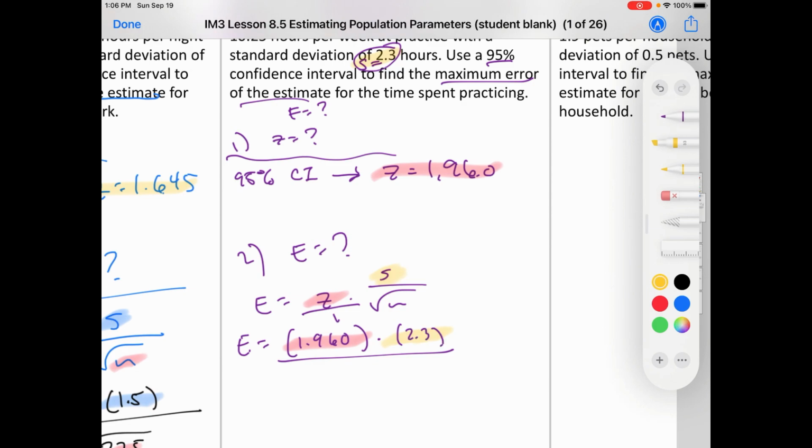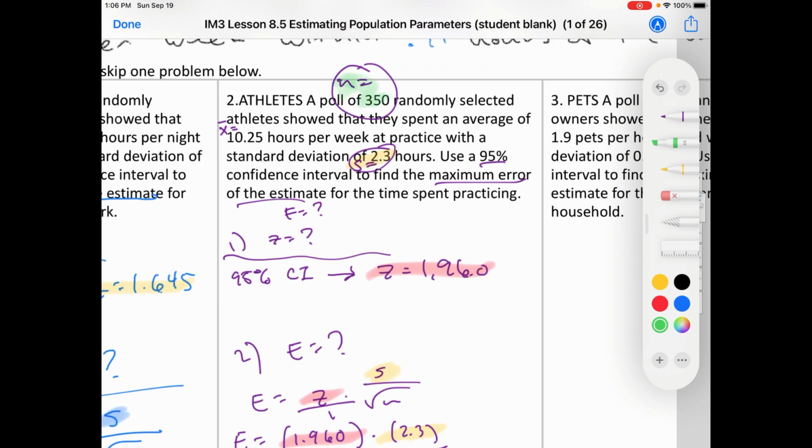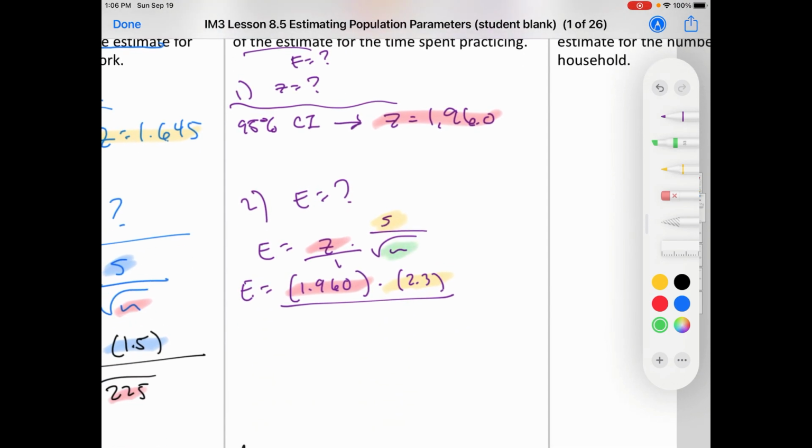And the N value is up here at 350. So that goes inside.